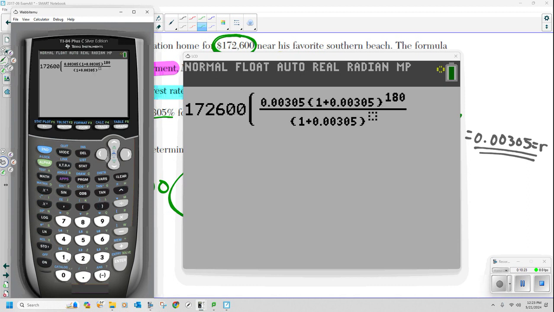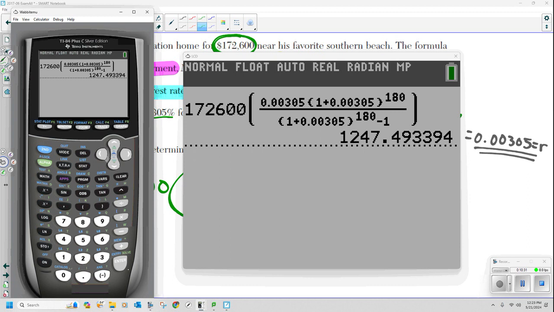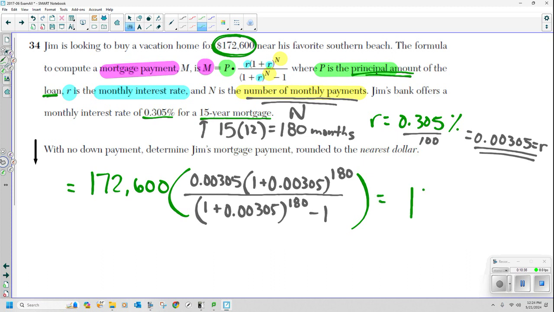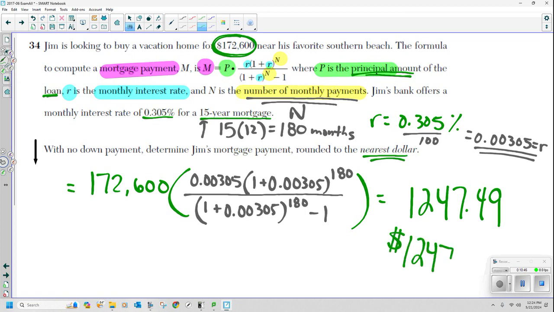How many times are you guys going to hear me say that and not get sick of it? Minus 1, close that parenthesis. That's a lot. But we have $1,247.49. They want it to the nearest dollar, which means this will stay $1,247 monthly payment.